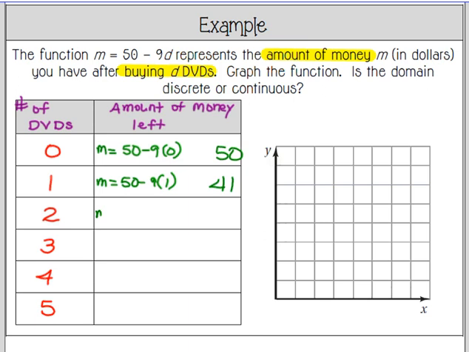So continuing our table, 50 minus 9 times 2 is 18, so that would give us a value of 32. M equals 50 minus 9 times 3. 9 times 3 is 27, and take that from 50, so we would have $23 left.